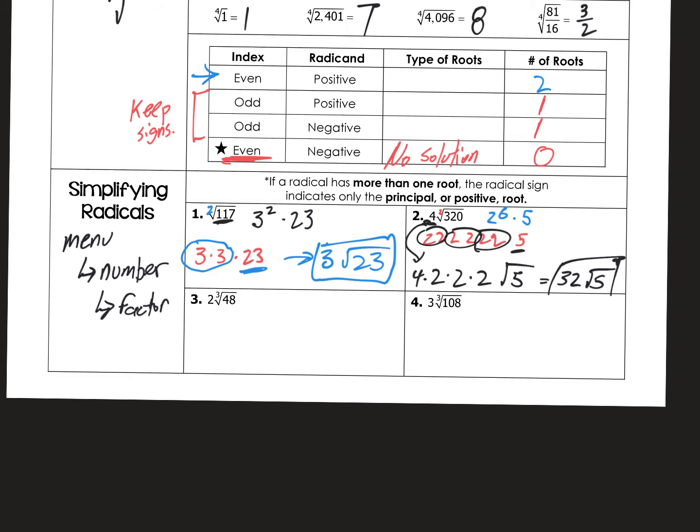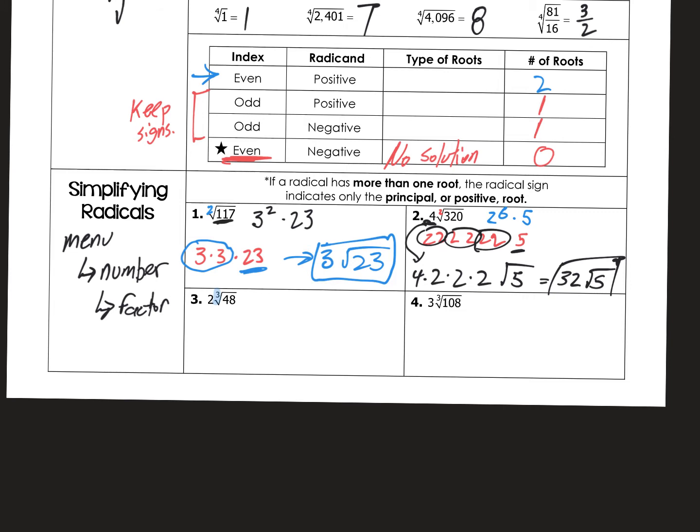Okay, now same processes for the next couple, except you'll notice these are cube roots this time, right? They have that cube, which means instead of taking out 2 of a kind, we take out 3 of a kind. So still, we're going to use menu number factor to break up our number inside.